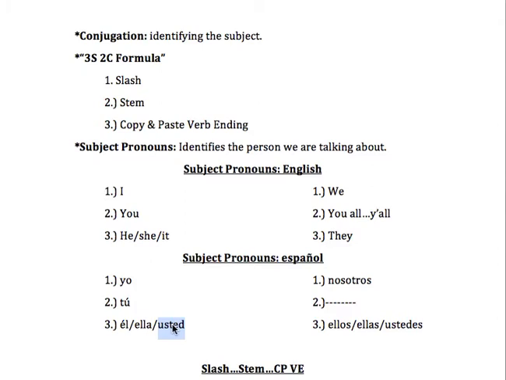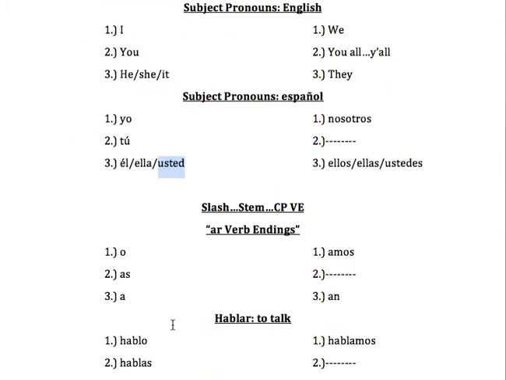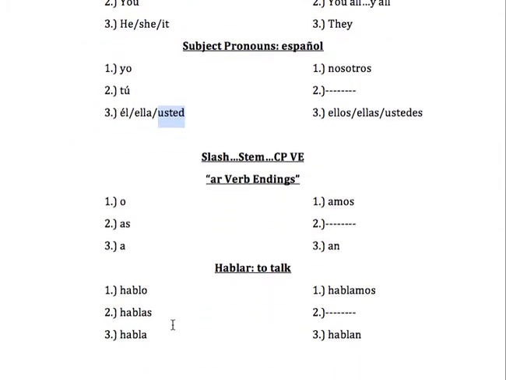Hopefully you're understanding that. We're going to continue on with the lesson, and basically we're going to look at how this happens. We see the AR verb ending, slash, stem, and copy paste the verb ending. So basically the verb hablar is in the infinitive form.